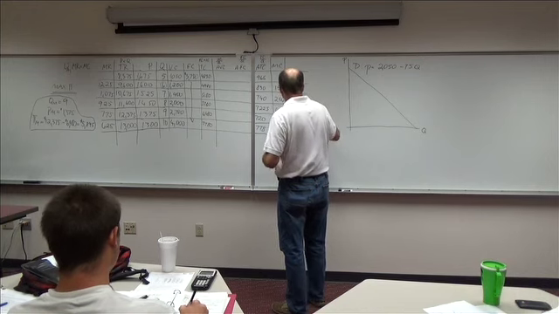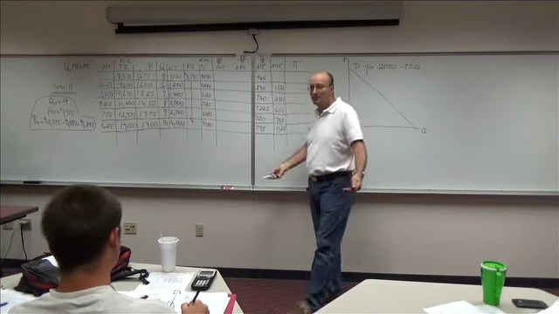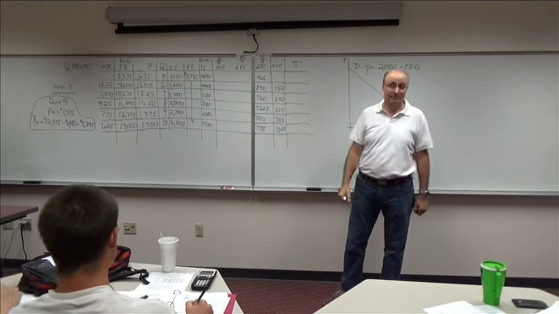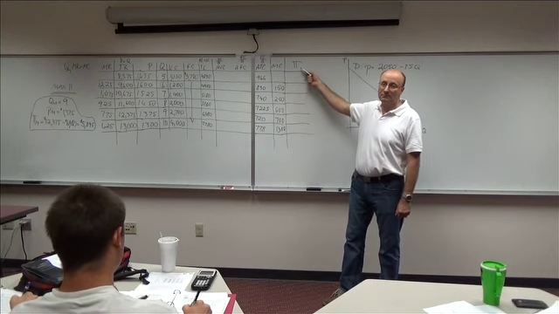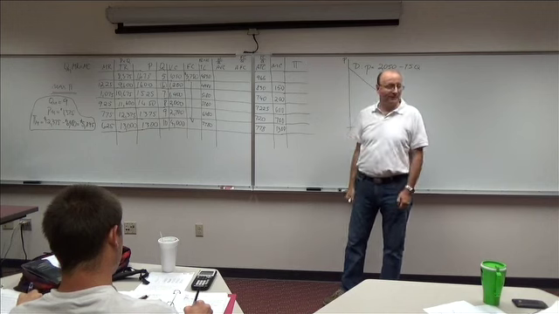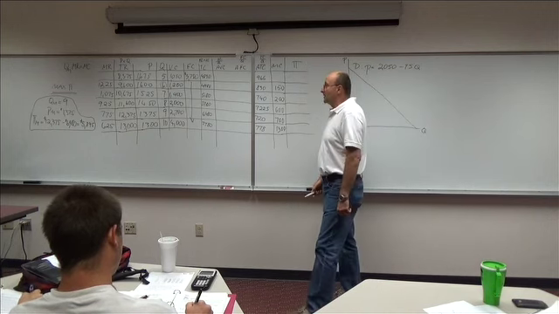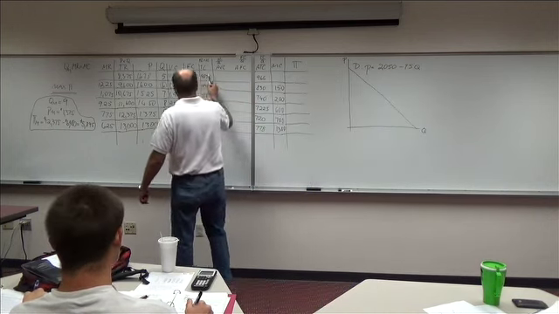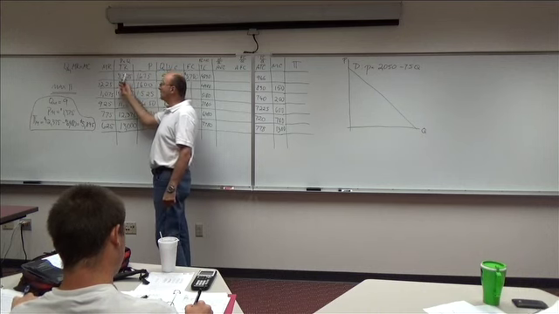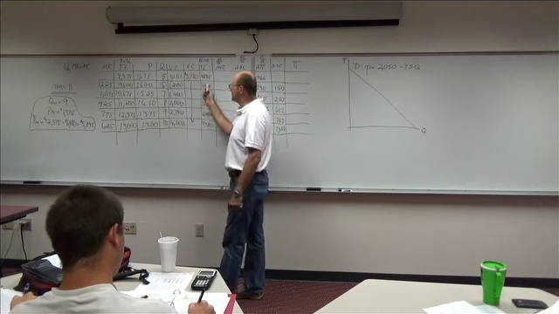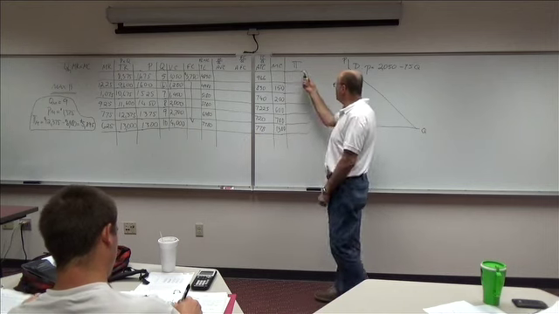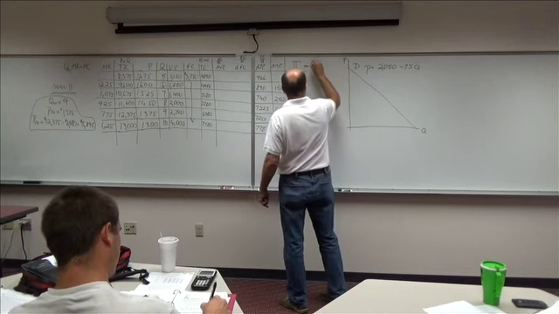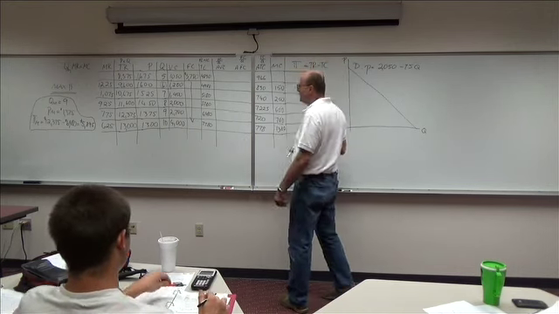What would that column be? The profit, right? You have total revenue for each quantity and total cost for each quantity. You can find the profit, which is total revenue minus total cost.